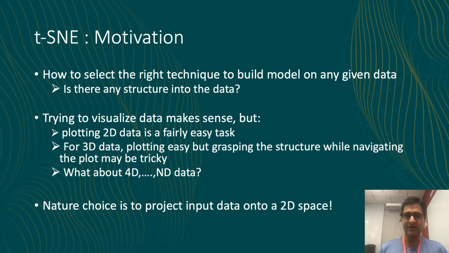But we rarely have problems where you have 2 or 3 features at max. Usually there is a much larger number of features. What happens when you have 4-dimensional data, or n-dimensional data to visualize? What happens then?